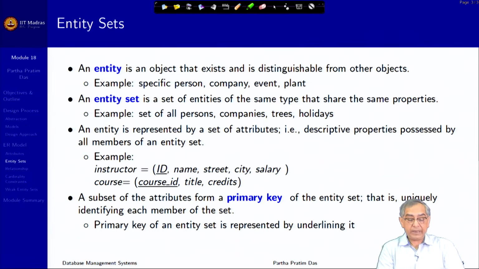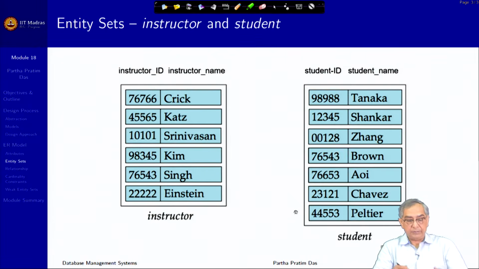You represent the entity set by the list of attributes, particular order is not important, and with an underline you show what is the primary key. You all know the meaning of primary key. Primary key is that one attribute or set of attributes which can uniquely identify every entity in that set. So, you underline that.